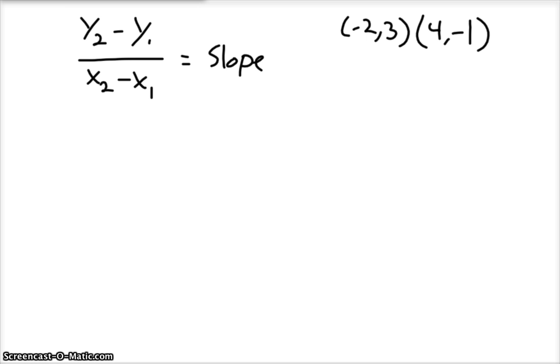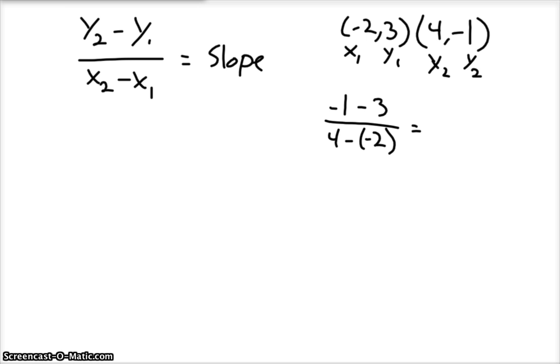So let's label these real quick: y2, x2, y1, x1. So you can label them if you want, or you can just skip past that, but that just helps me organize. So I know I'm going to have negative 1 minus 3, and then I have 4 minus negative 2. Just double checking. Okay, yep, that's right.